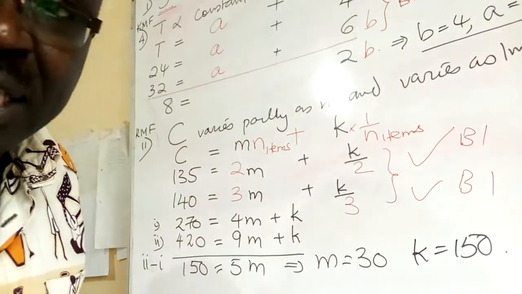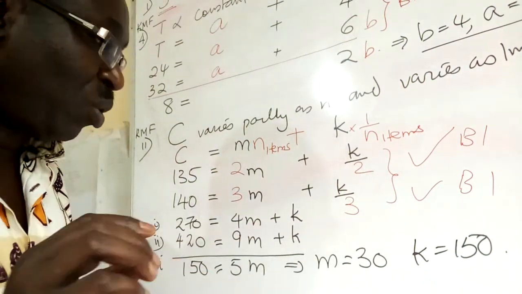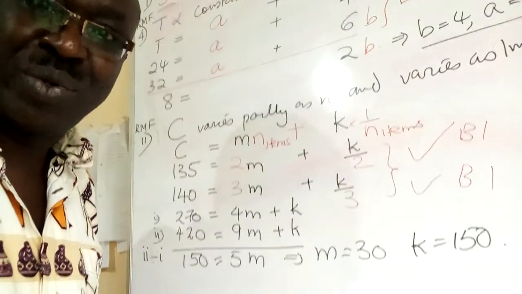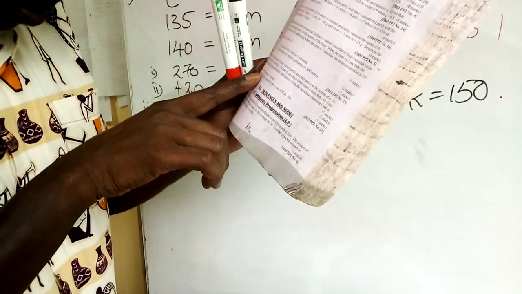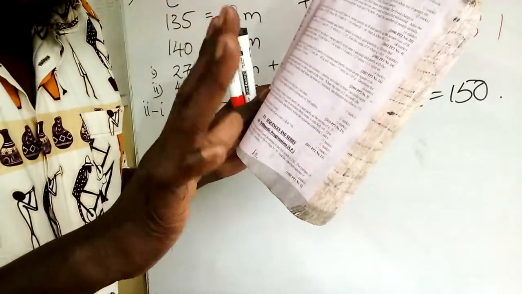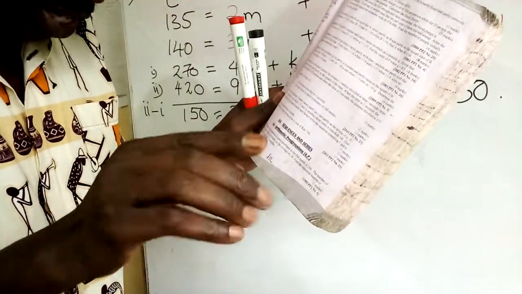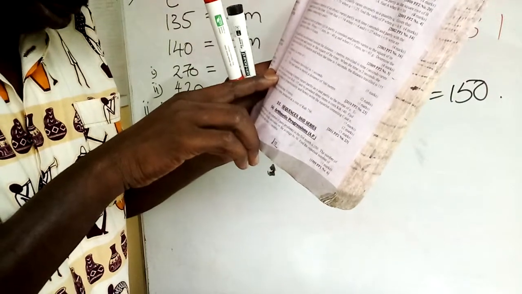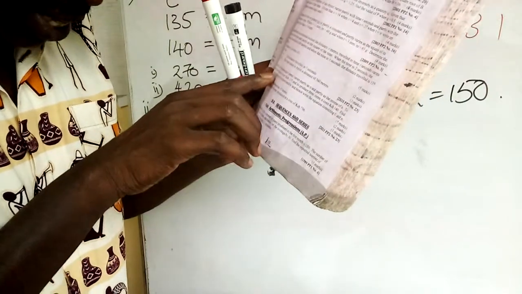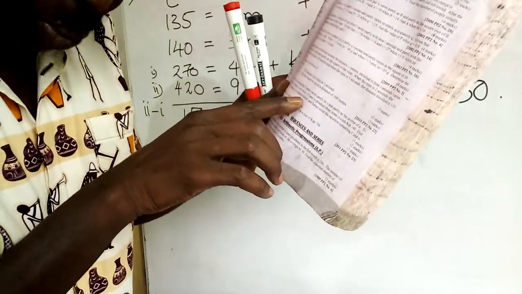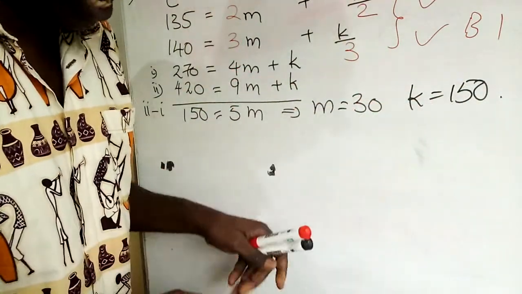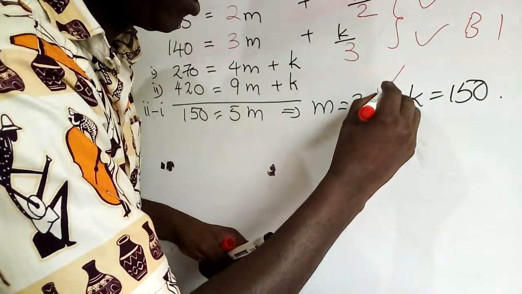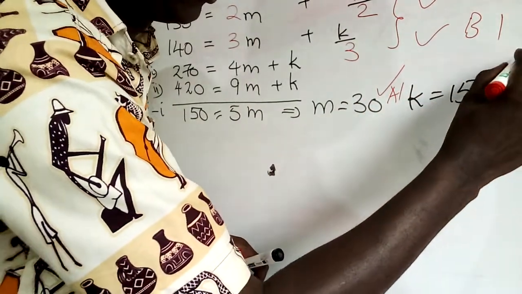Now, what is the question? I want us to look at the question being asked. He's asking part A. You can do part B and C. Part A: find the constants of proportionality. These are the constants of proportionality.